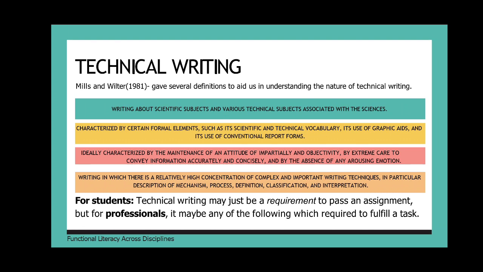Now, technical writing, according to Mills and Wilter, is a writing that writes about subjective subjects and various technical subjects associated with sciences or with programs or courses. It is characterized by certain formal elements such as scientific and technical vocabulary, graphic aids, use of conventional report forms.